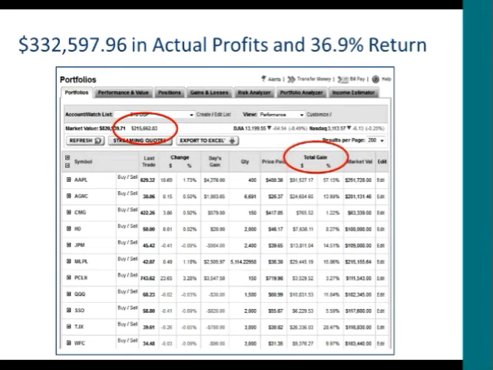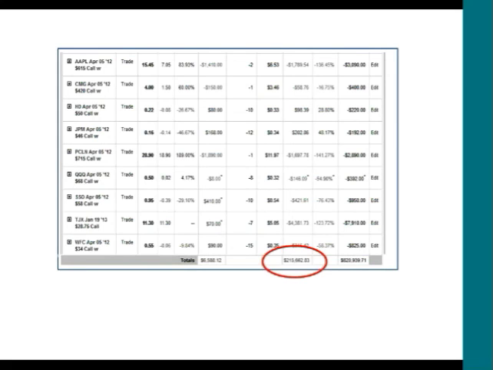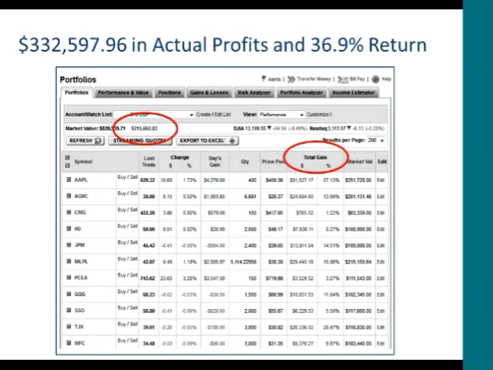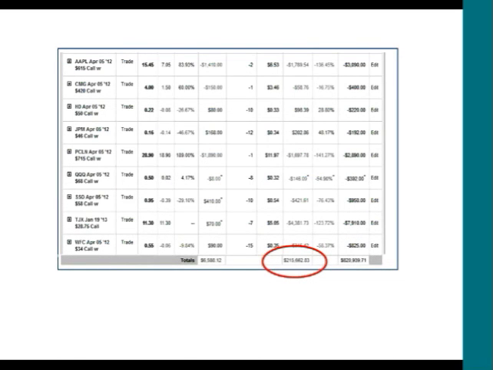And here's a snapshot of my weekly covered call portfolio. I trade this in 2 accounts, and this had a $332,000 open trade profit, 36% return when I took the snapshot.